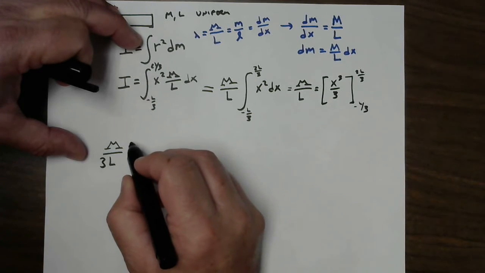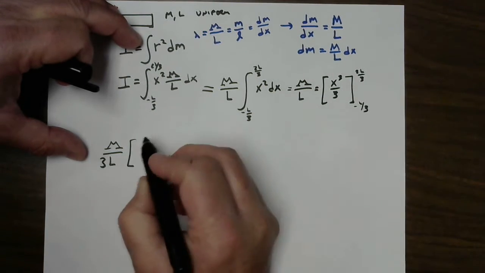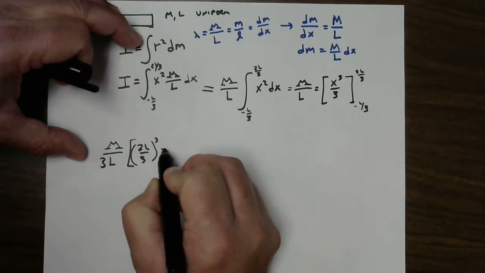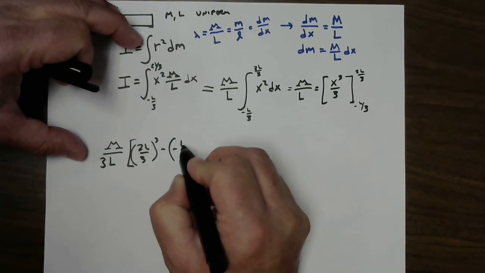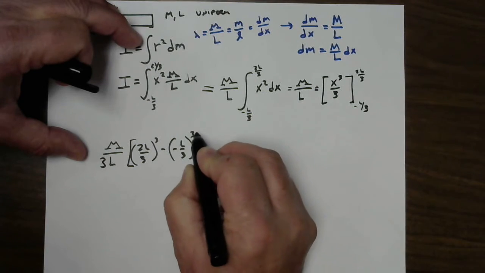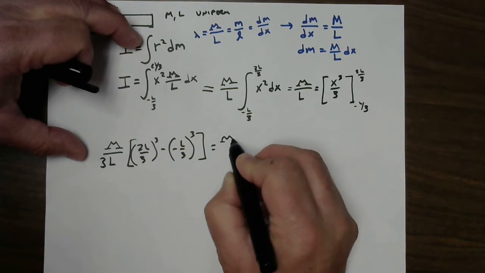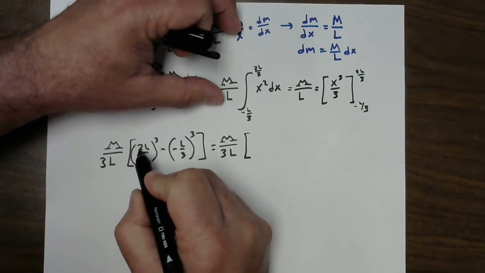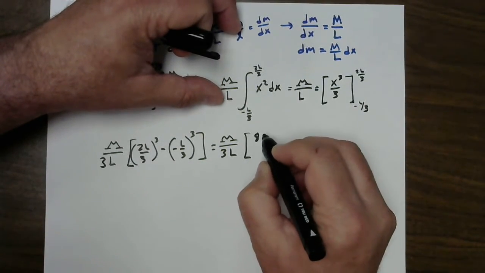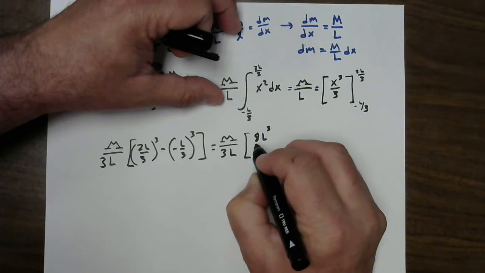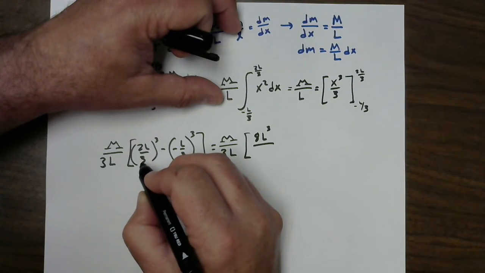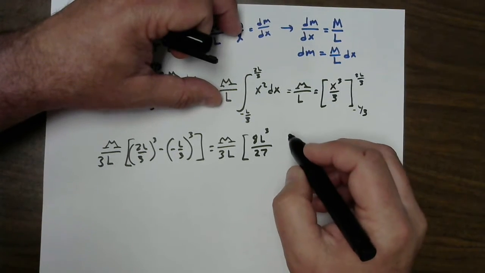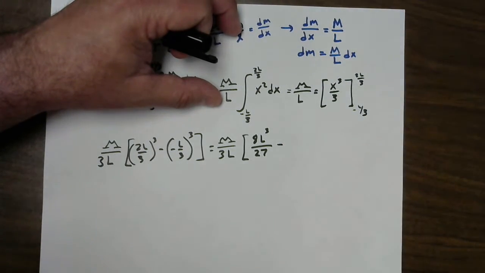And now we're going to have upper limit 2L over 3 cubed minus lower limit minus L over 3 cubed. Okay, we've got M over 3L. Now, 2 cubed is 8, L cubed, 3 cubed is 9, 27, right? And then that's minus.